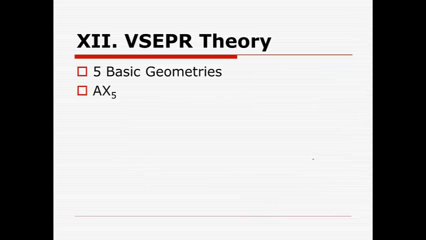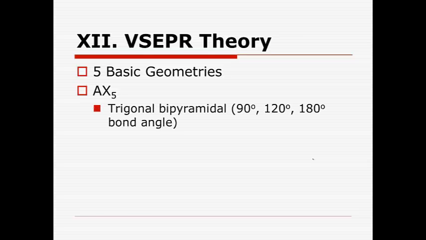Now AX5. This is known as a trigonal bipyramidal shape. Notice, if you've got 5 bonds, you end up with 10 electrons. Remember, some atoms can make more than an octet, so have more than 4 bonds. The shape looks like this: one up, one down, one like this, one going behind the board or your paper, and one coming out of the paper like this.